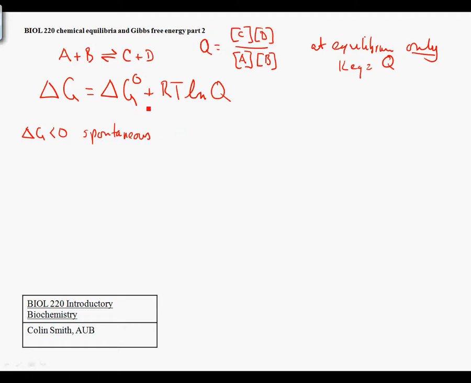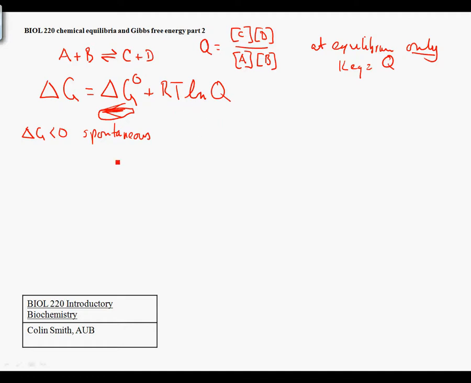So we can describe Gibbs free energy as the way to understand whether a reaction is going to occur, and we can find this value. We can look it up in a table, and that's known for this reaction at standard conditions. But if the reaction is not in standard concentrations, then the likelihood it will happen depends.